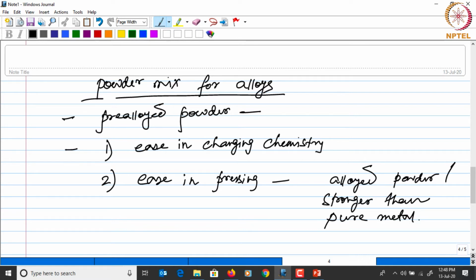So when the pure metal mix is used instead of the stronger alloyed powder, it will be easier to compress it. And as a result of that, this will lead to higher green density and strength.